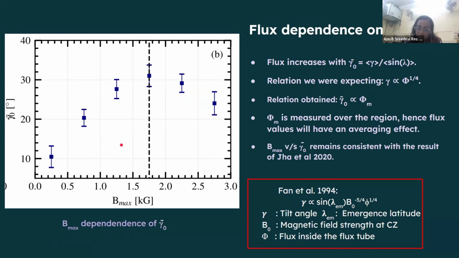For lower flux regions, we see a higher and increasing trend with gamma 0 bar, and for higher flux regions or higher Bmax regions, we see a decrease. Here we see a very clear decrease. This result agrees with Jha et al. 2020, where they found a similar result without tracking of the BMRs.